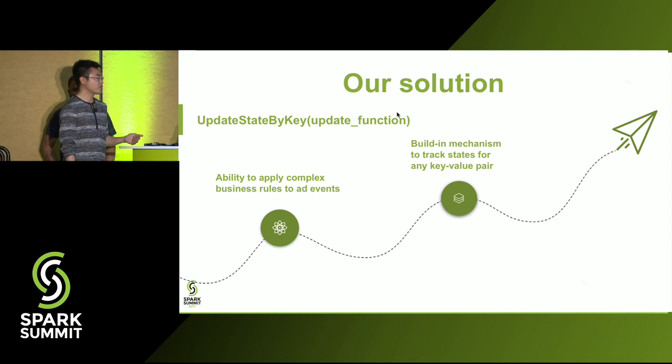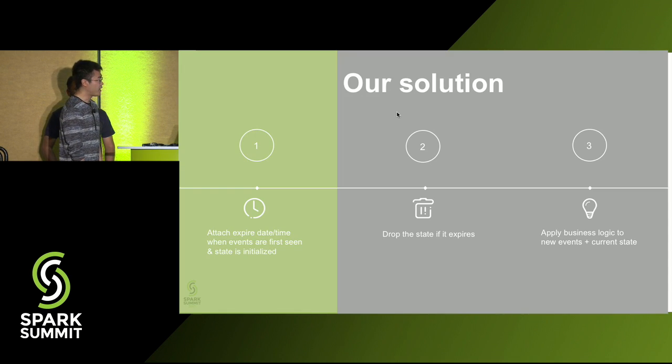So our solution is to use this updateStateByKey function to simulate a sliding window operation. Since we use this API, everything comes down to how to design your update function. Basically, we have three steps. The first step is that for every incoming new event, you attach a datetime object to it so that you know when you received it and when you can kick it out of the window.